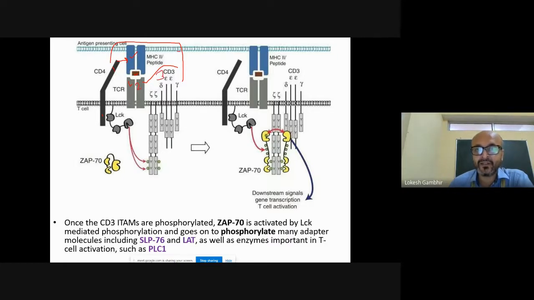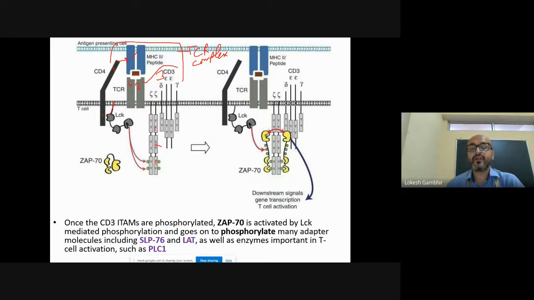These three are collectively called the TCR complex, T cell receptor complex. So once this binding has taken place, there is a specific protein called LCK, which is a tyrosine kinase. It will get activated and will phosphorylate the tyrosine residues present on the ITAM motifs. These are ITAM motifs. Now see, they are getting phosphorylated.